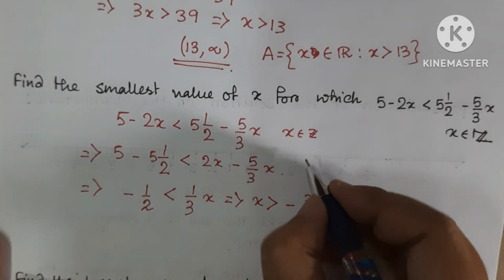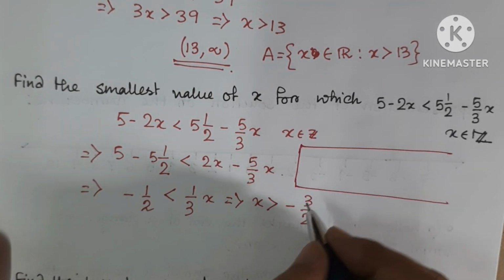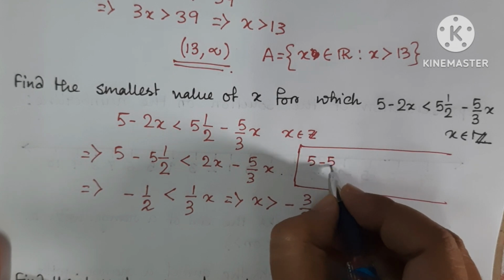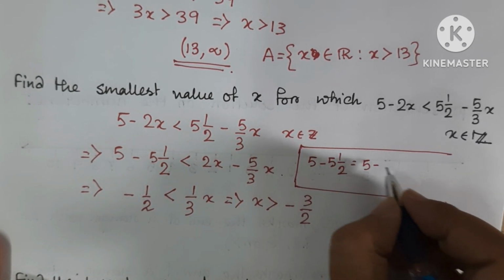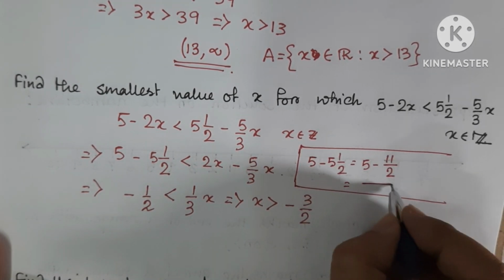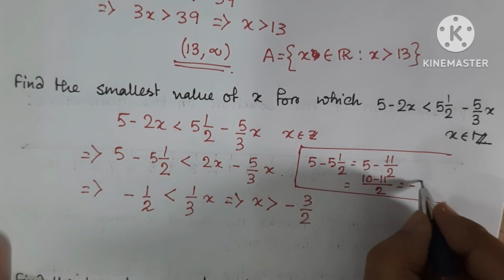If I do this, I will show you. 5 minus 5 and 1 by 2, that means 5 minus 11 by 2, that means (10 minus 11) by 2, that means minus half.